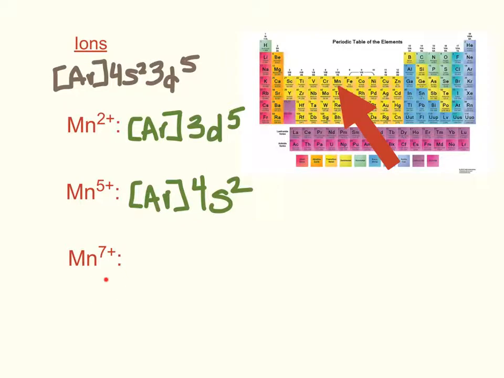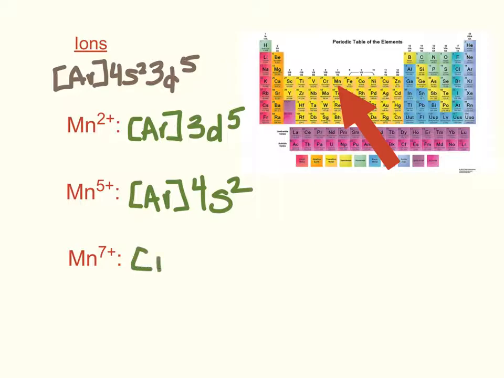Now I've got Mn7+. So coincidentally enough, if I look up here, I've got a 5 and a 2, 6, 7. I can get rid of both of these, in one case orbital, one case suborbital, and that's where I can get my +7 to come from, which means it's just going to be isoelectronic to Ar.